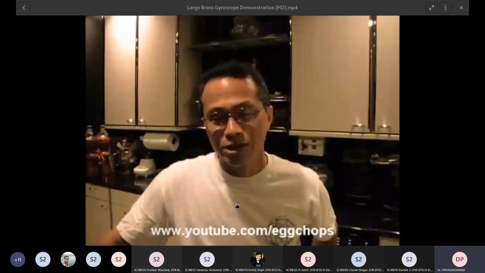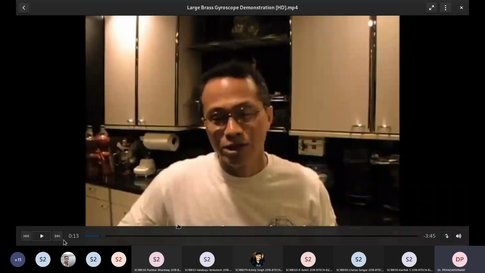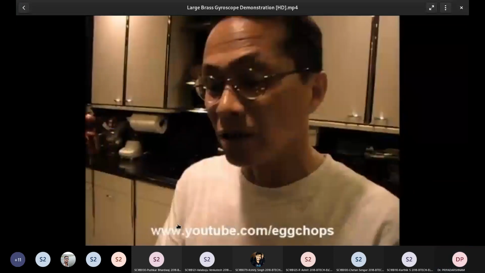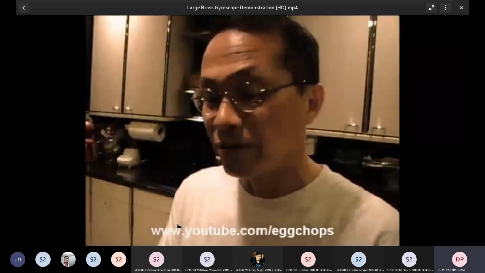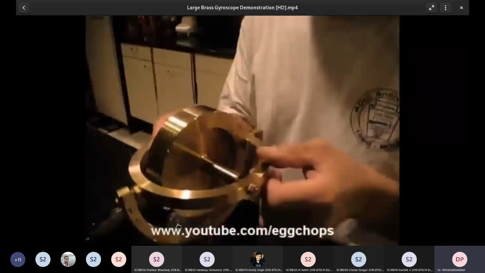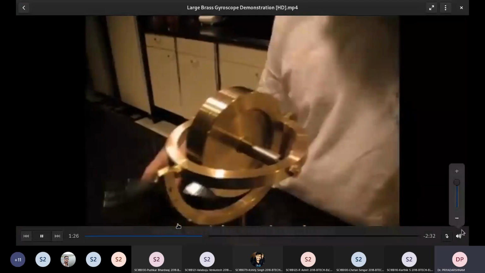Straight gyrus movement. Okay. So you have this in this axis. You can see three degrees of freedom are there.